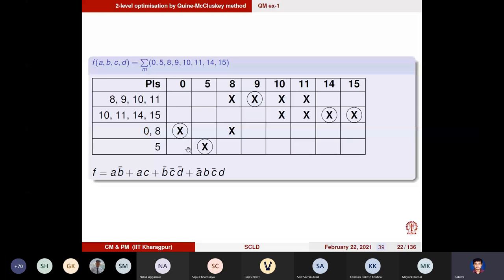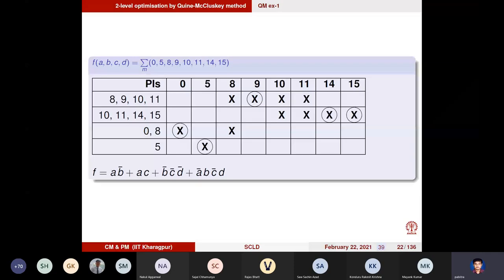So naturally, in the reduced set of rows, 08 has to be there. Otherwise, I cannot cover the 0 column. So 08 is called an essential prime implicant.